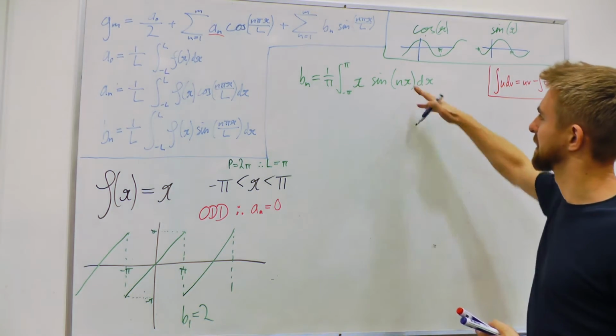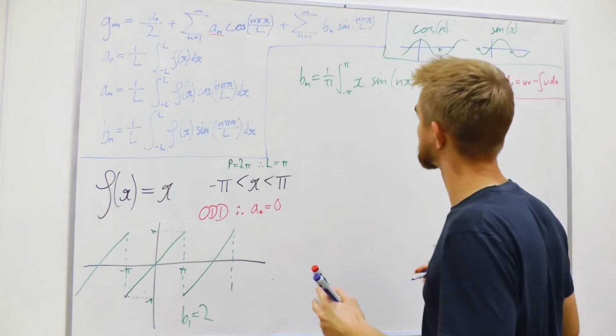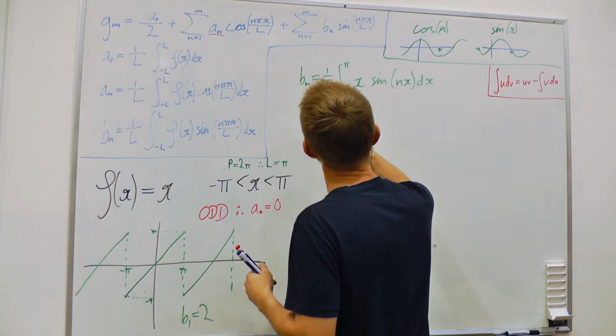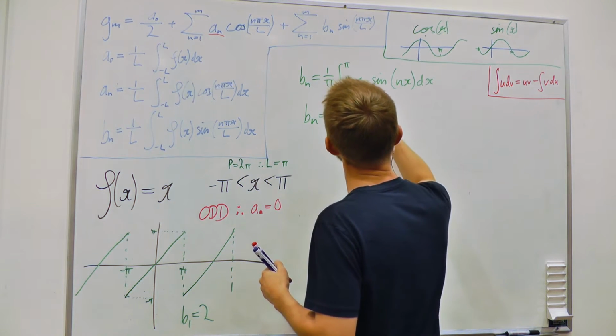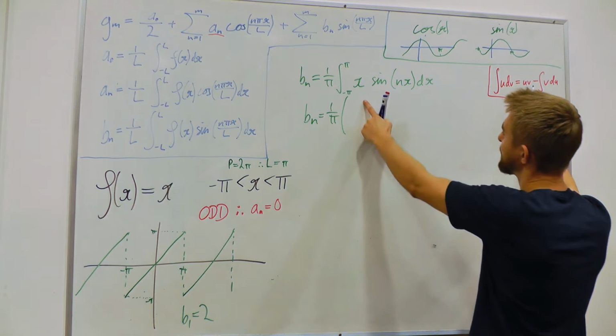We're going to integrate this thing, leaving the n in. Okay, it's going to look very much the same as what we just did. So we can do it nice and quickly, hopefully. Bn equals 1 over pi, again, big brackets. So our first term is going to be this uv thing.